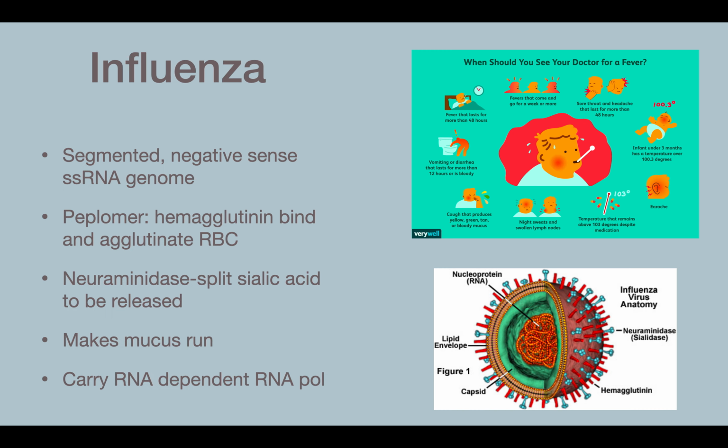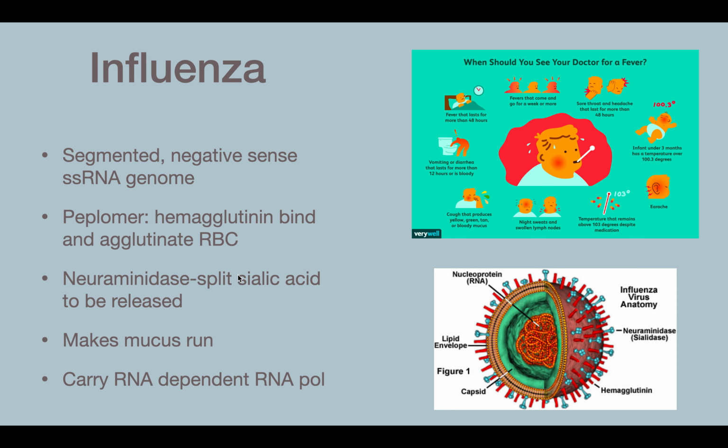The influenza virus is a segmented negative sense single-stranded RNA genome. Its peplomer is a hemagglutinin, and it also has neuraminidase, which splits the sialic acid to be released.